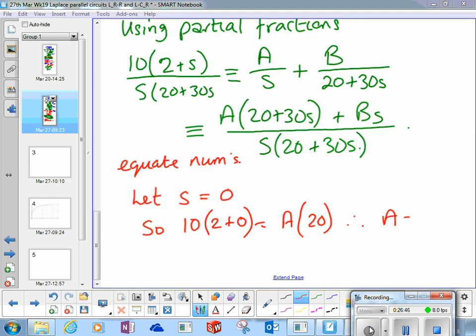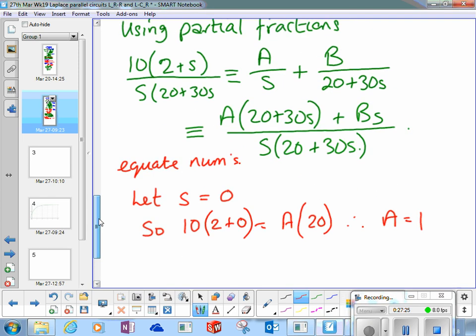Therefore, A equals 1. Yeah, that's there. Look, 10 times 2 plus s, which is 0, so you've got 20 is equal to A times 20. A must equal 1. Thumbs up? Good.